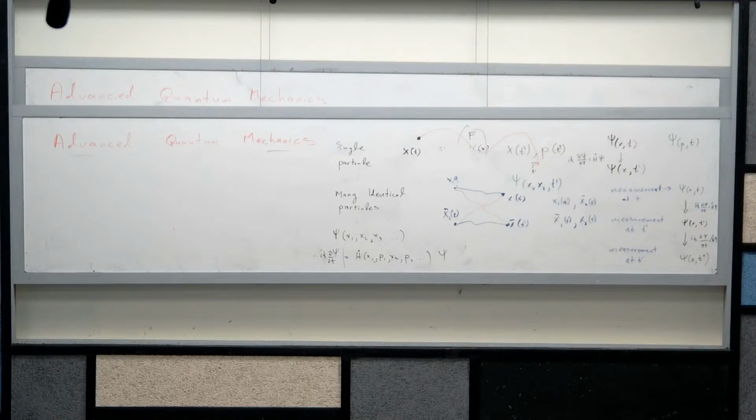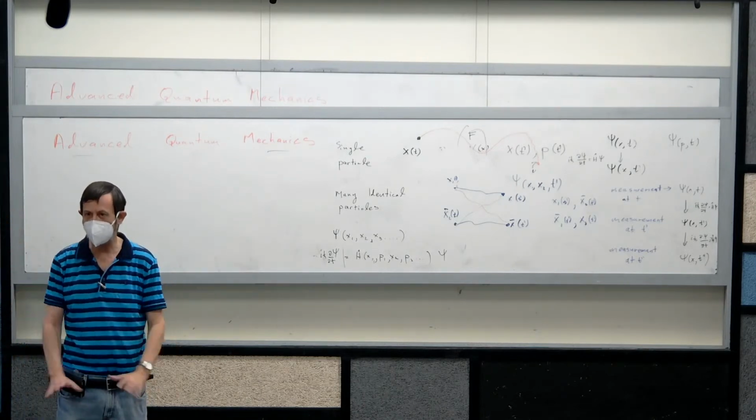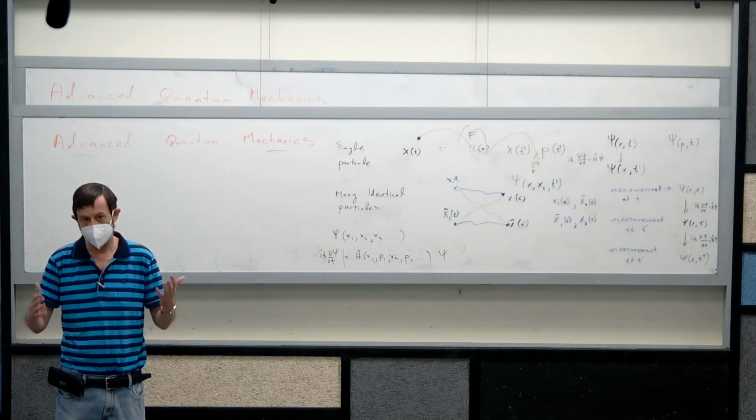Normalization. You normalize it. What does normalization mean? All the chances sum up to 1. The chances of finding the electron at time t, if I look all over the place, is 1.